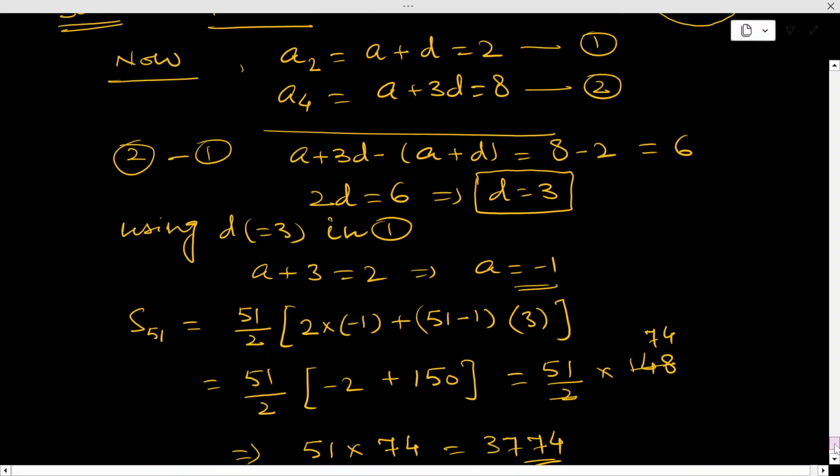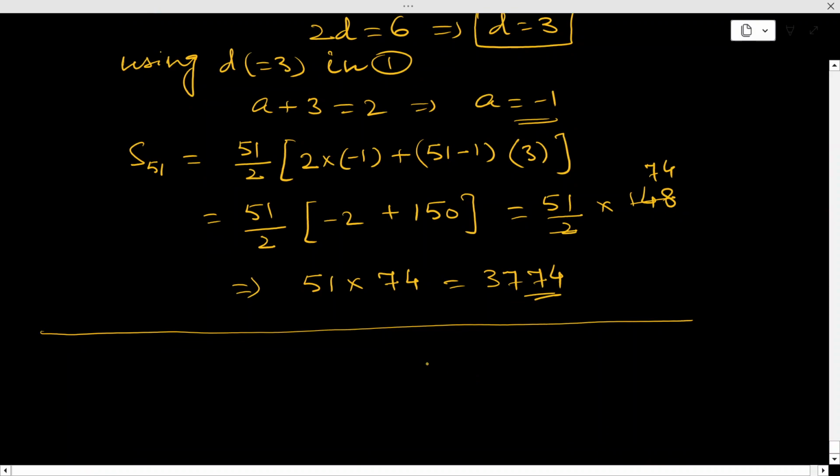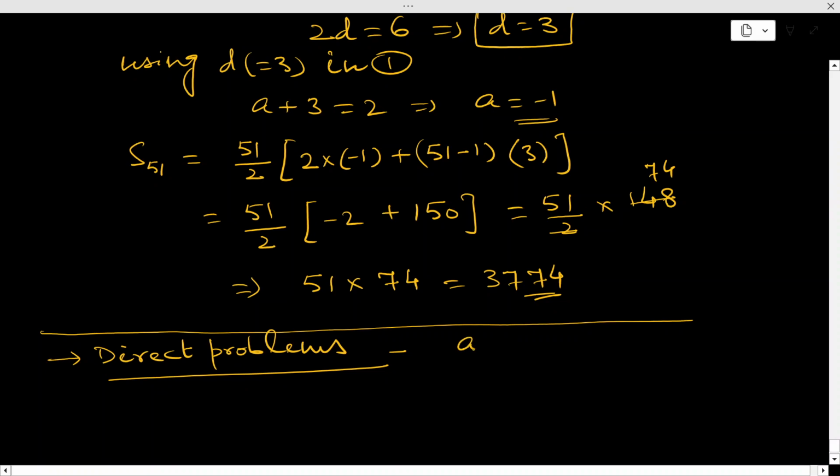So from the discussion you can say that we are having the direct problems. Direct problems means we are having the value of A, the value of D, the value of n, and all we need to do is find out the value of Sn.